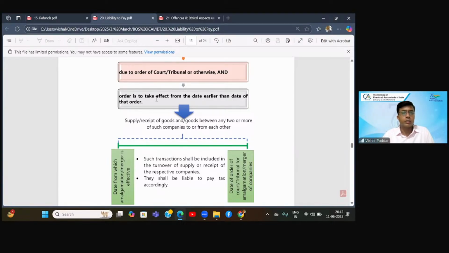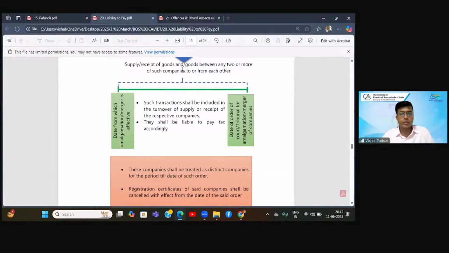So what it is saying: the supply or receipt of goods between any two or more of such companies, or from each other, such transaction shall be included in the turnover of supply or receipt of the respective companies, from the date from which amalgamation or demerger is effective to the date of order of the court or tribunal for amalgamation.